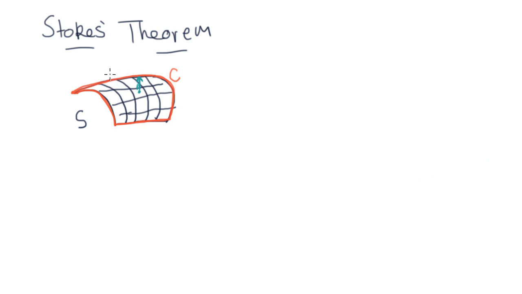And then the curve I'm going to pick to have a counterclockwise orientation relative to the orientation of the surface. So in other words, if I look straight down on the surface, the curve has a counterclockwise orientation. So we're assuming that S is oriented, and we have this oriented boundary curve.